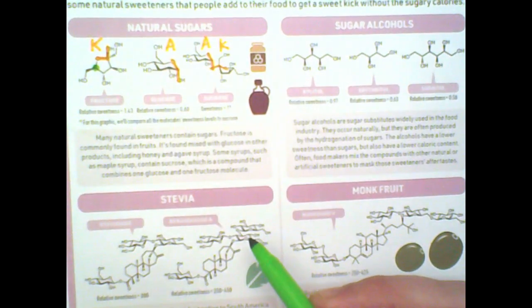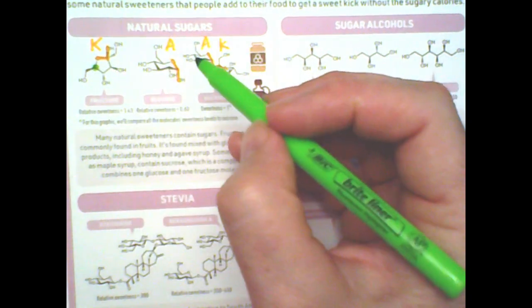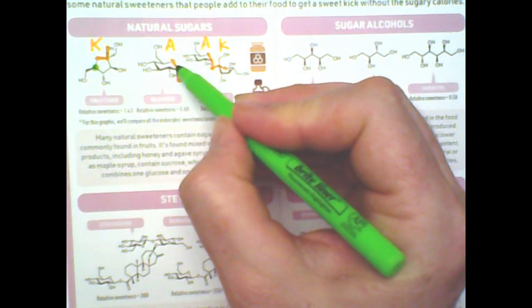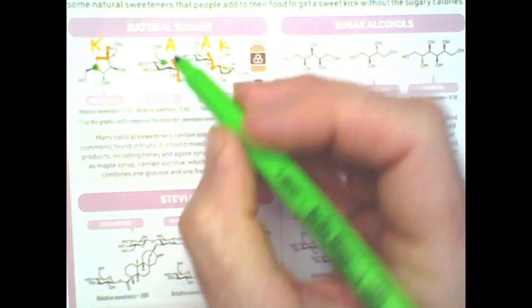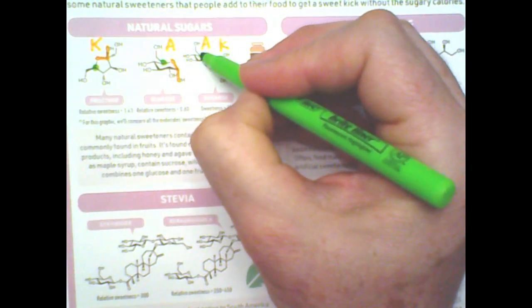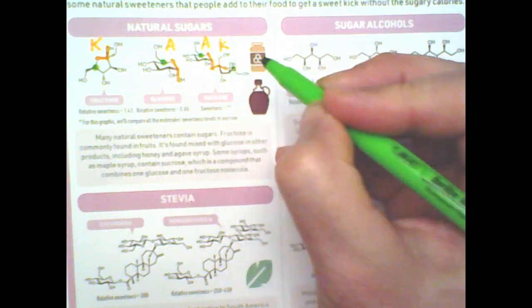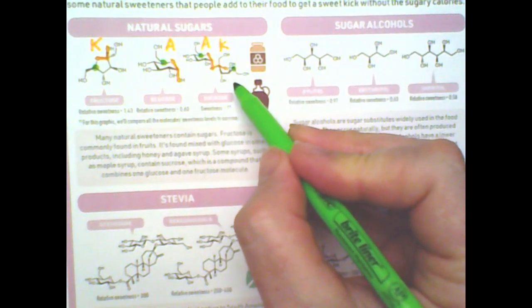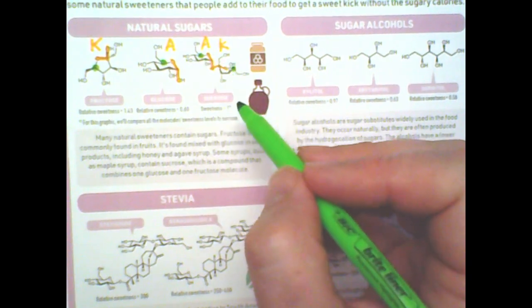So that's the point in fructose where we would decide if it's D or L. Here it would be this carbon in glucose, and of course the same points in the glucose and fructose molecules in sucrose.